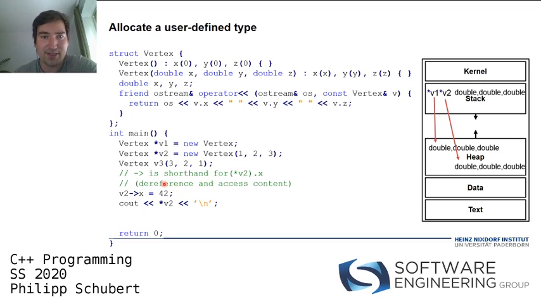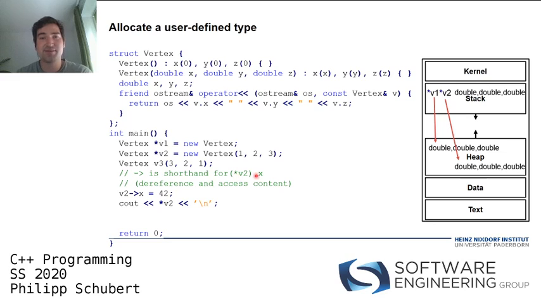Because you have to work with pointer variables so frequently, and you also have to access members of such pointer variables, you can use the arrow operator as a shorthand. The arrow operator has the following meaning: it basically means dereference the pointer and then access x with the dot operator.